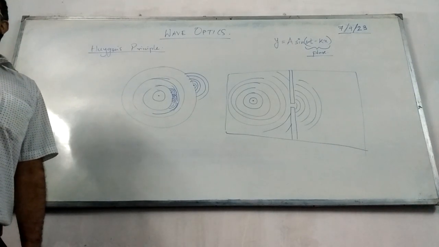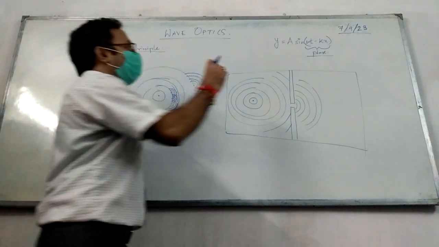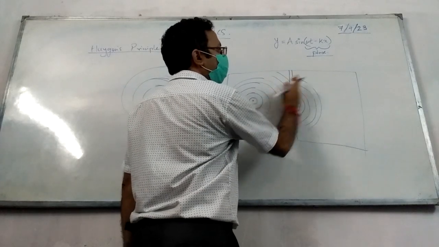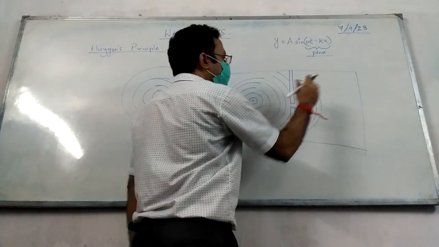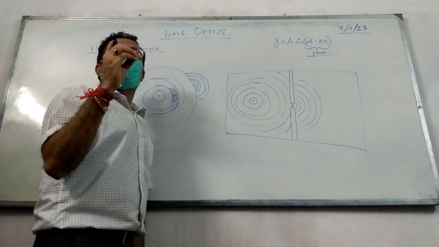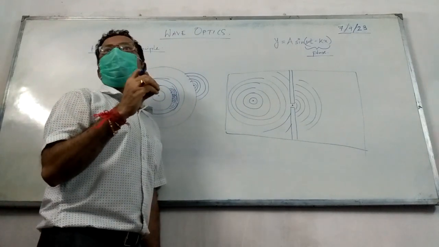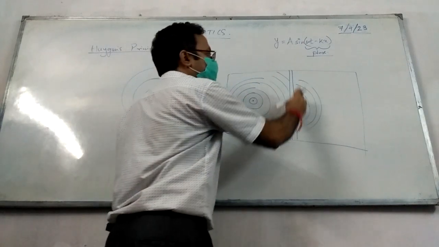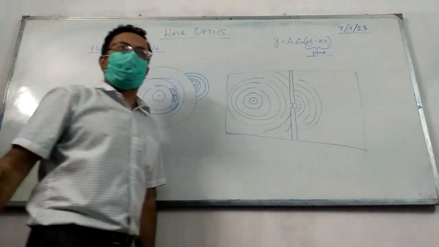Okay. Why does this thing happen? It happens because all the wavefronts couldn't pass out to the next part. Only the disturbance which was taking place at this region acted as a new source of wave, and that created the ripples afterwards.